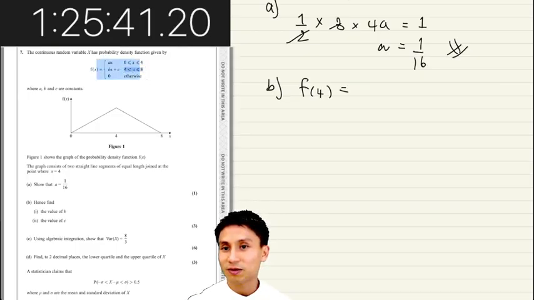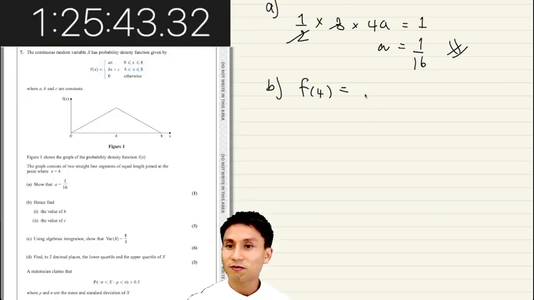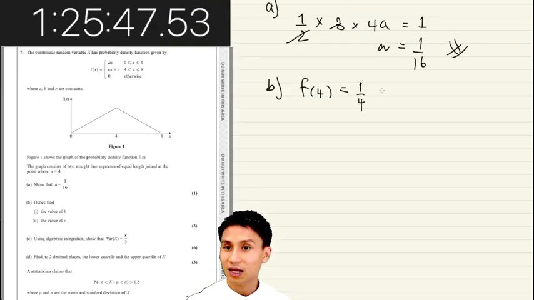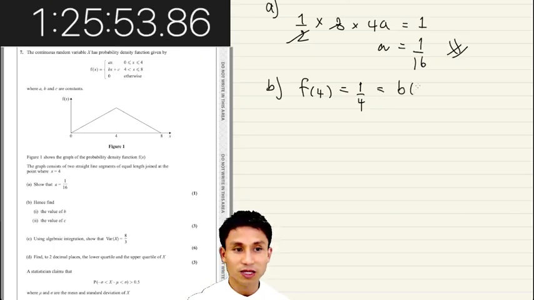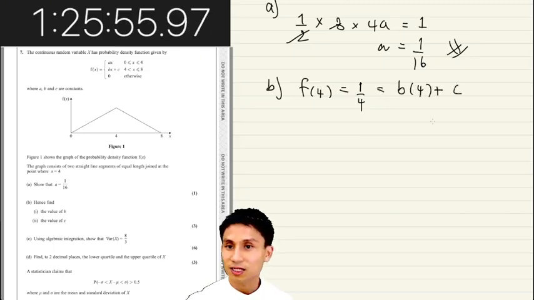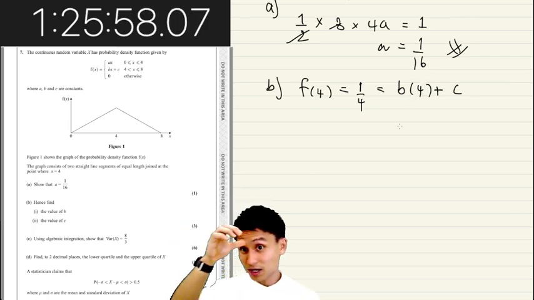That should give you the same as this part. So if we sub 4 into ax, we get 4 over 16, which is 1 over 4, because a is 1 over 16. And that should be equal to 4 substituted in the other function. So it's b times 4 plus c.